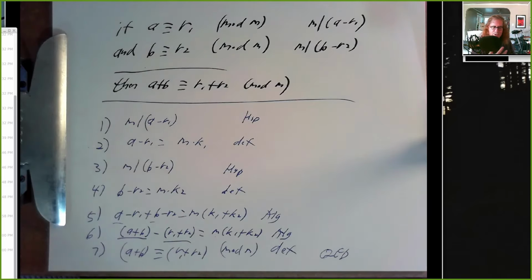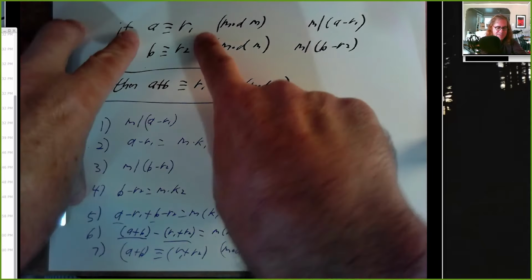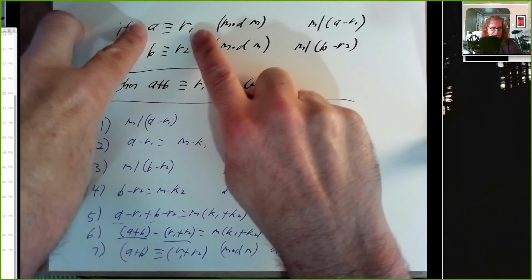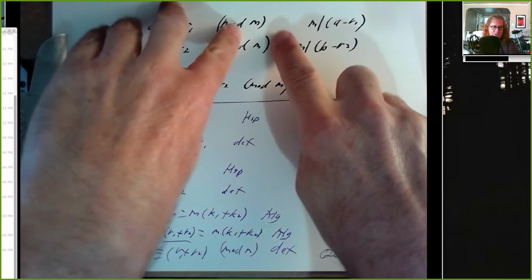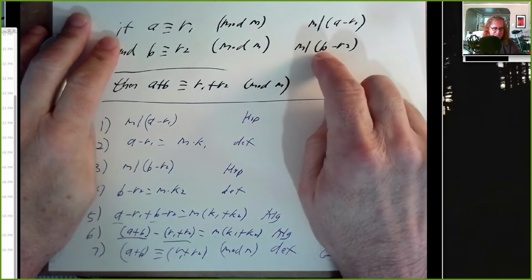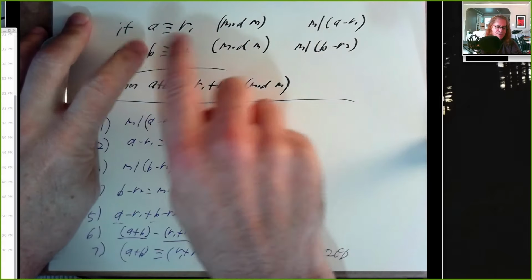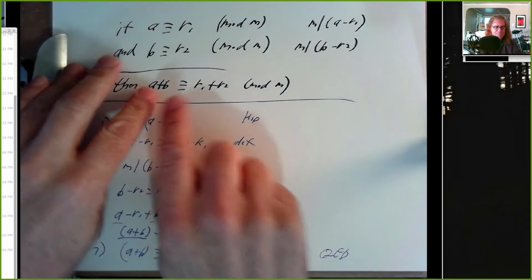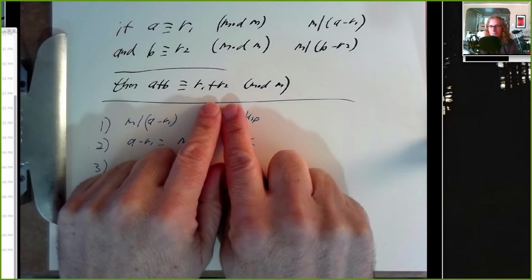And there's really no deep insight here. This is really just using this basic definition that if two things are congruent, then their difference is a multiple of m. Well, from that, we get if A is congruent to R1, B is congruent to R2, then A plus B is congruent to R1 plus R2.